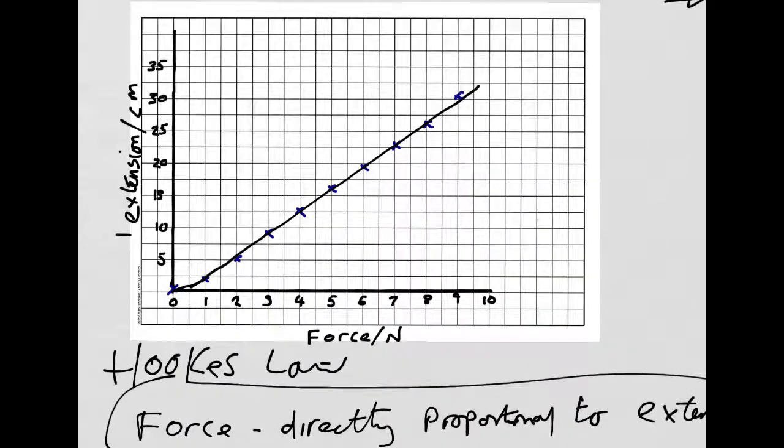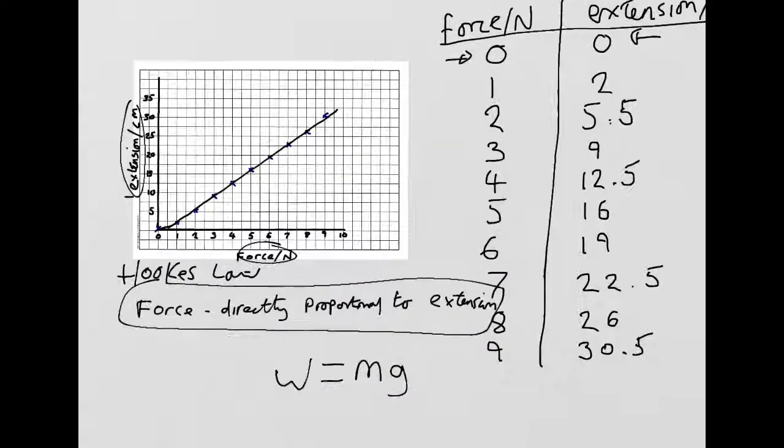How do we know it's directly proportional? Well, the data forms a straight line, and it goes through the origin. How else do we know? Directly proportional also means if you double this axis, then you will also double this axis. If I double the force, I will also double the extension. Well, let's have a look. Let's take, say, 5. 5 gave us an extension of 16.